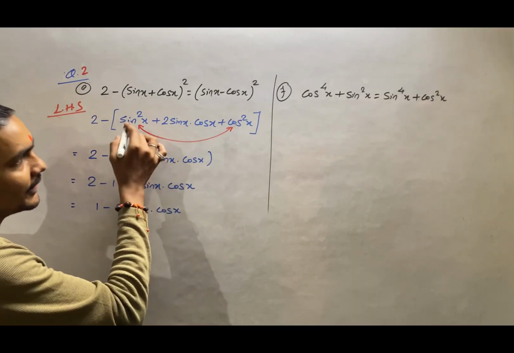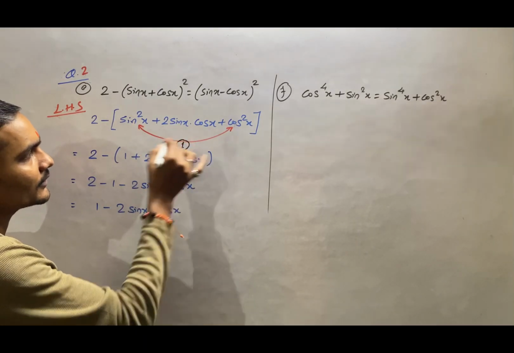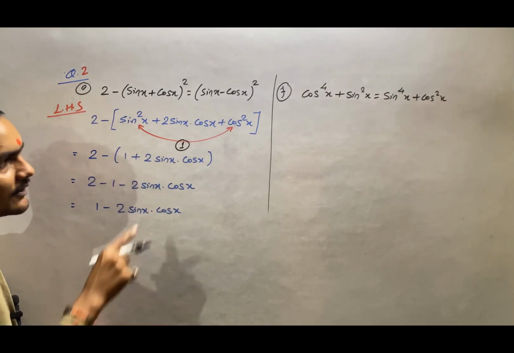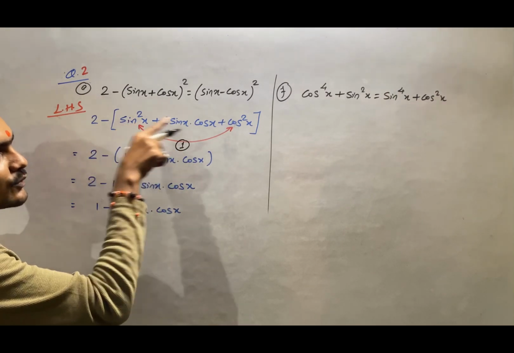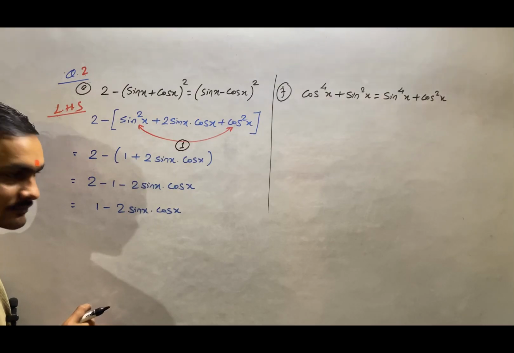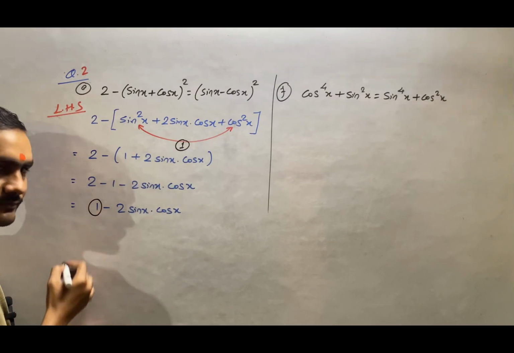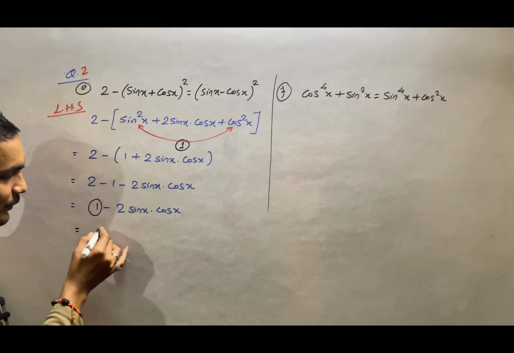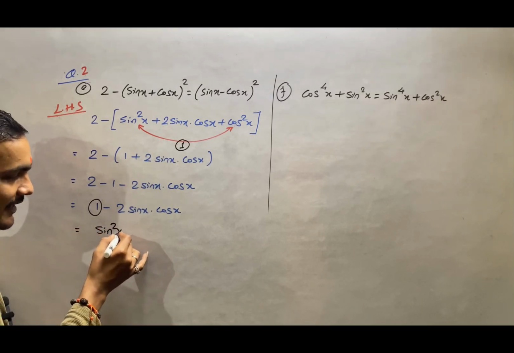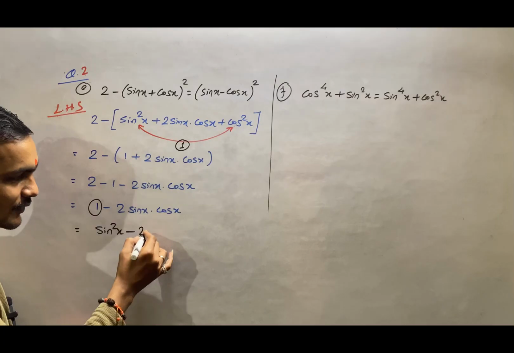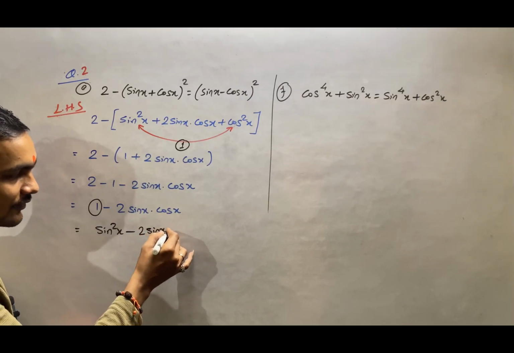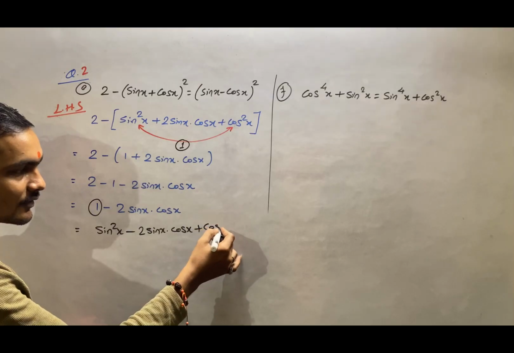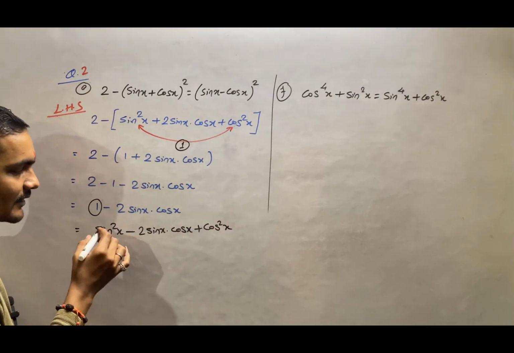So like here we wrote sine square x plus cos square x equals to 1. So vice versa we can say 1 equals to sine square x plus cos square x instead of this one. So we can say sine square x minus 2 sine of x times cos of x plus cos square of x.